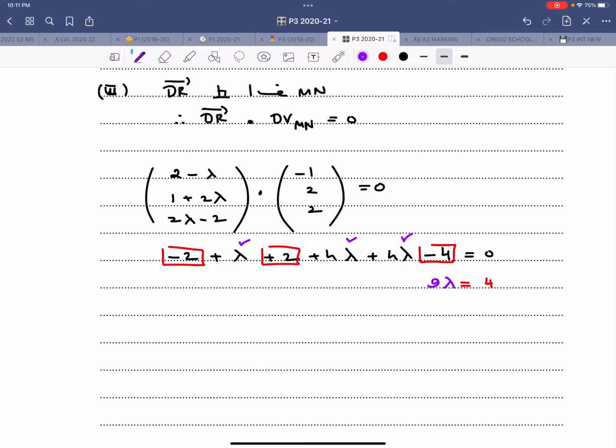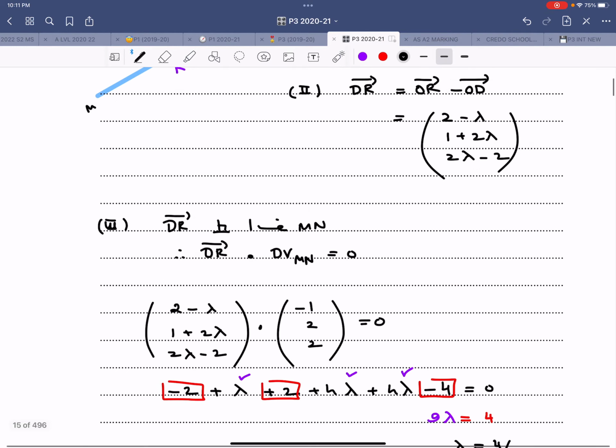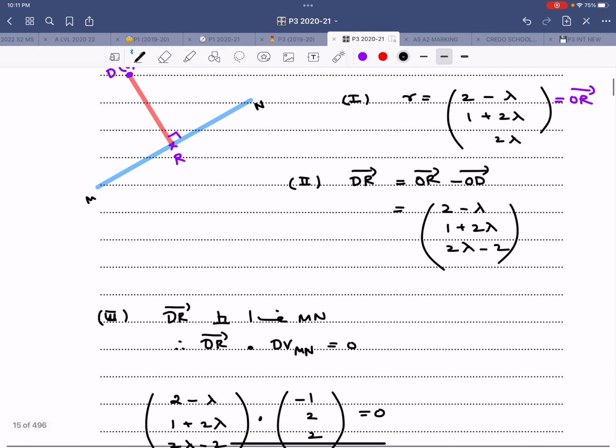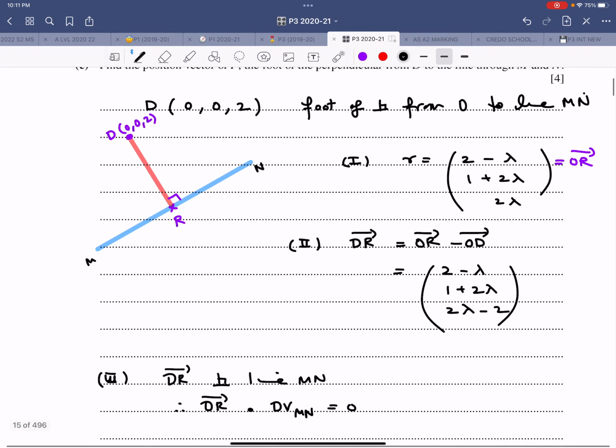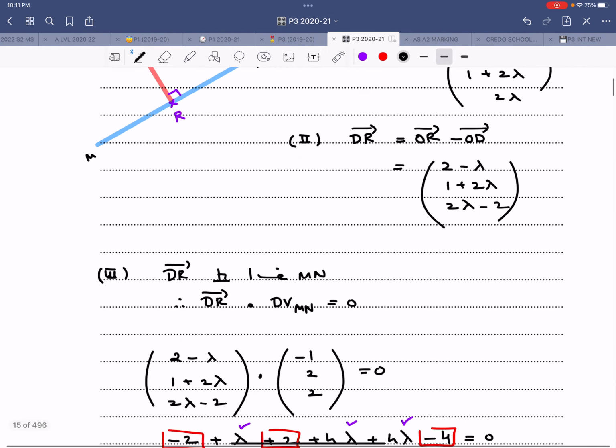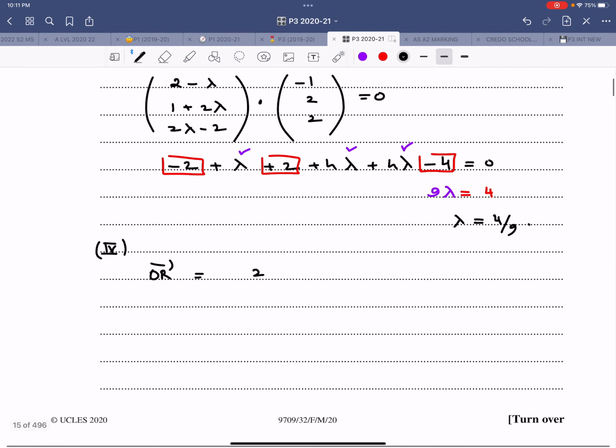Now you are getting a value of lambda as 4 over 9. Fractions are part of life. When you get this, you just need the foot of the perpendicular. This method is equally useful for the distance. So what are you looking for? You are looking for R. So plug in for R. Therefore OR equals 2 minus lambda, which is 2 minus 4 over 9, 1 plus 2 lambda, and 2 lambda.